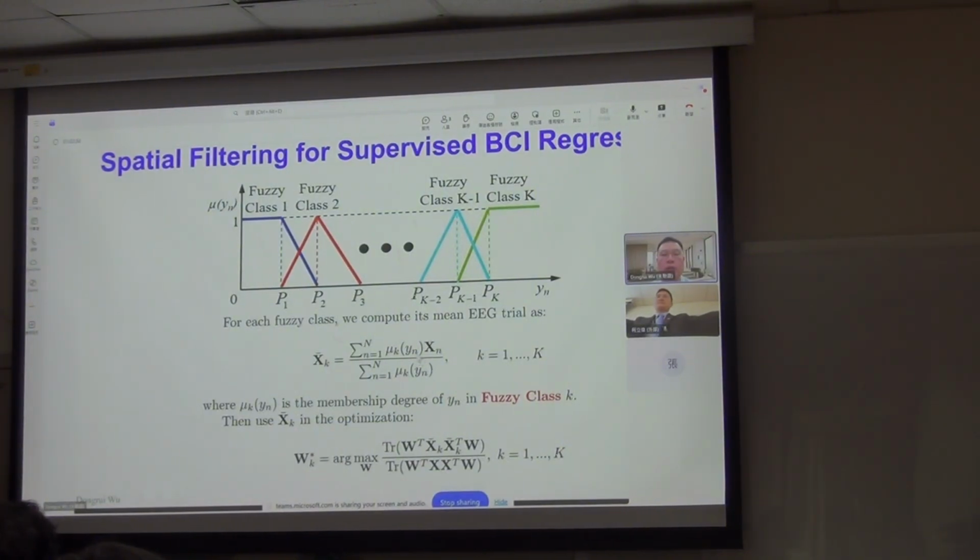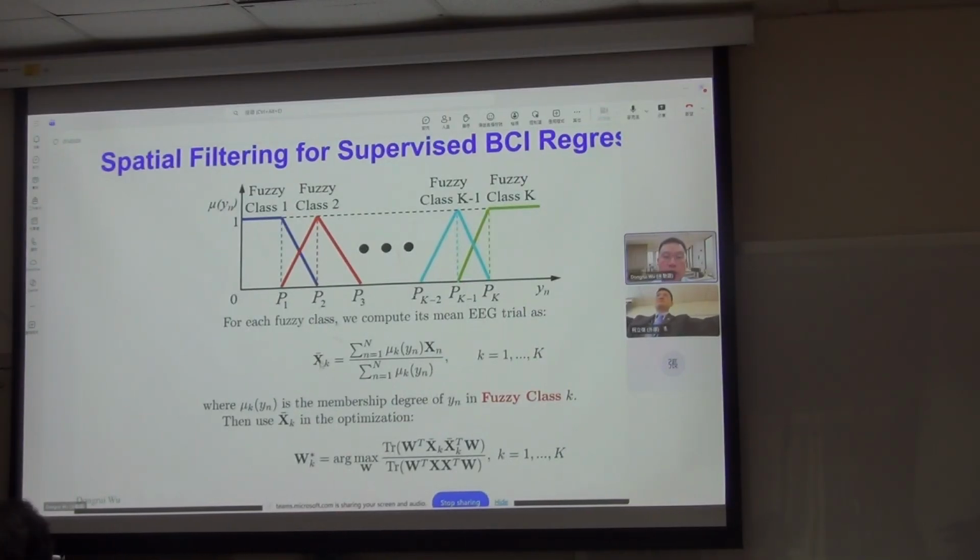It is a weighted average, and the weight is the membership grade of the corresponding output in that fuzzy class. Note that this weighted average weights the input EEG trials, not the output y. In this way, we can approximately compute the mean EEG trial for each fuzzy class.